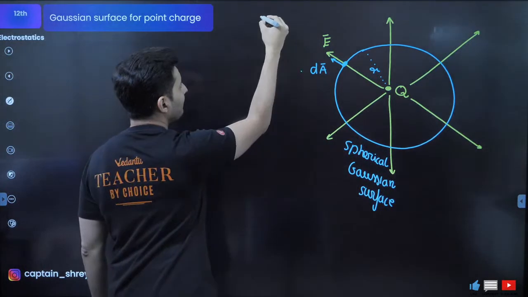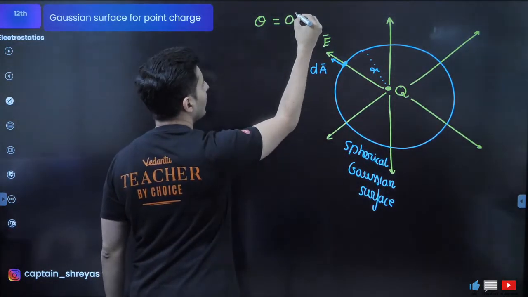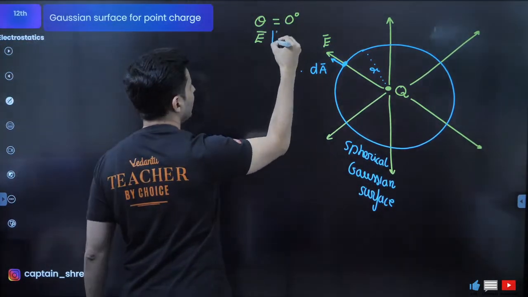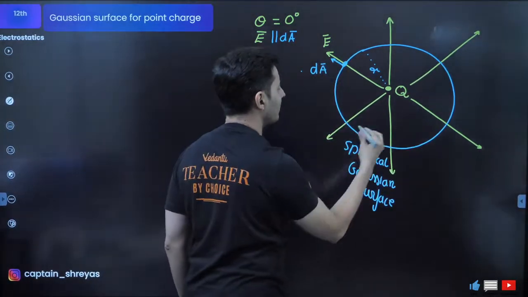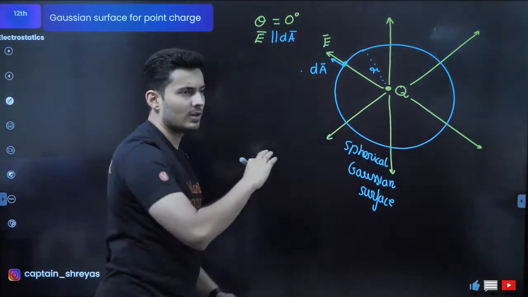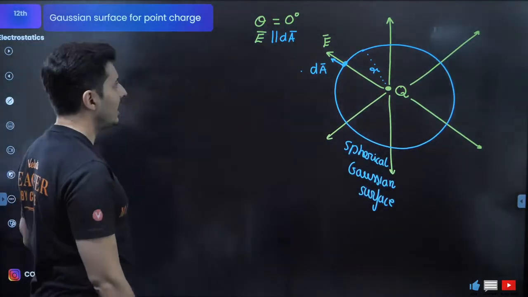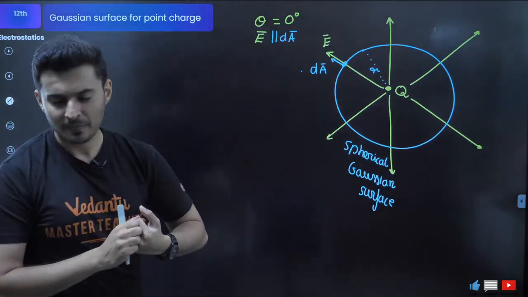The angle between the electric field and the area vector will be 0, because I can see clearly electric field is parallel to the area vector everywhere, be it here. Everywhere area vector and electric field will be parallel, so angle is 0. The advantage of that is that when I take the dot product, it becomes simpler for the calculations.